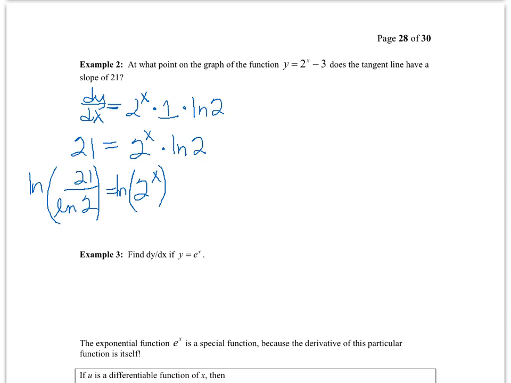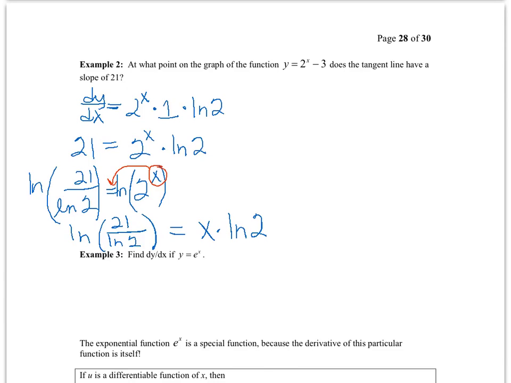And what that allows us to do, if you remember your exponent rules and logarithm rules, is that any exponent in the argument of a logarithm can drop down to the front. So that's going to allow us to say the natural log of the left-hand side, 21 divided by the natural log of 2, is going to equal x times the natural log of 2.